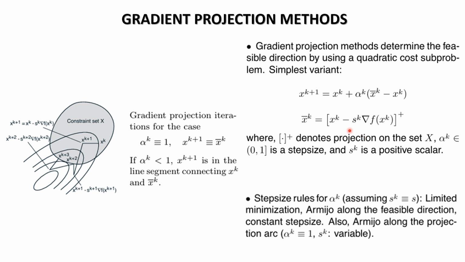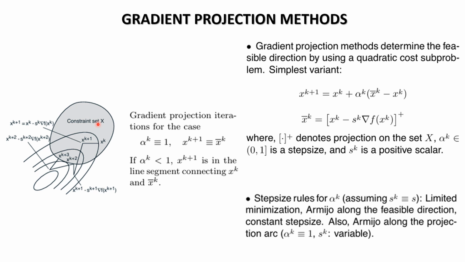Sk here is a step length, a positive scalar, and this plus denotes the orthogonal projection onto the feasible set X. Alpha k is a relaxation parameter, or step size, from 0 to 1. So, geometric meaning. Step 1.